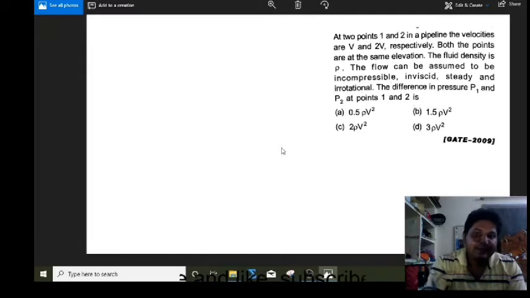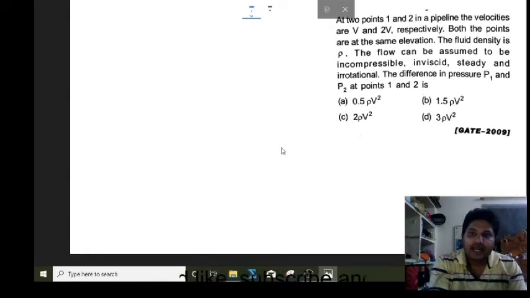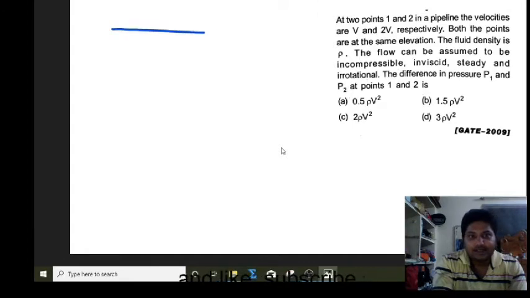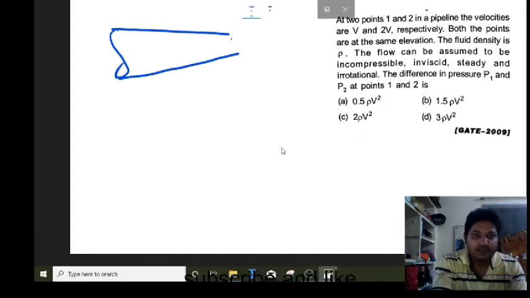Now at points 1 and 2 in a pipeline, the velocities are v and 2v. So this is the pipeline. This is the converging one. Suppose this is my point 1 and suppose this is my point 2.